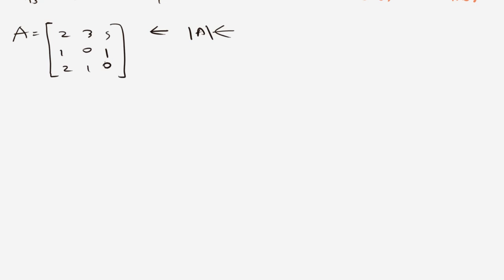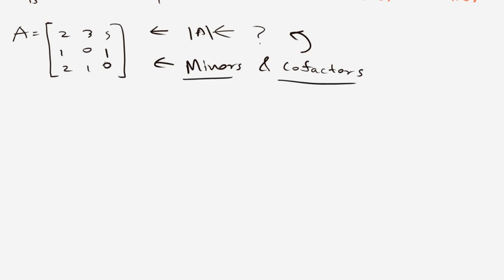In the next clip I will explain how to find the determinant. So for now, let's find some minors and cofactors. In the next clip, I will explain how to find the determinant by using these minors and cofactors. Okay, it is super easy, but to get a better understanding, first let's do some basic examples.